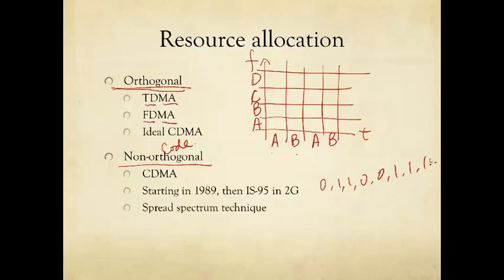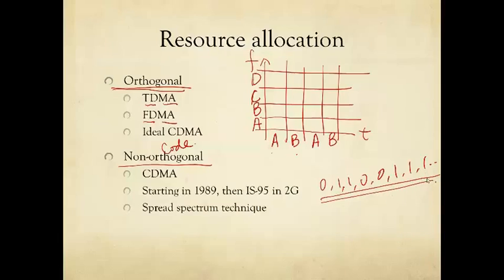And what I'll be doing is to multiply your digital information, on a much faster scale, with a sequence of ones and minus ones, what's called a code. And this code will scramble your transmission almost into a noise-like, random number-like sequence.